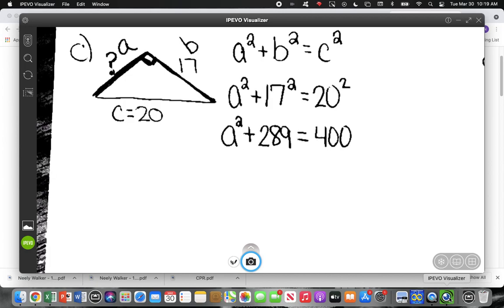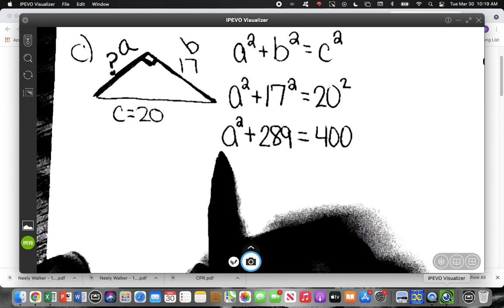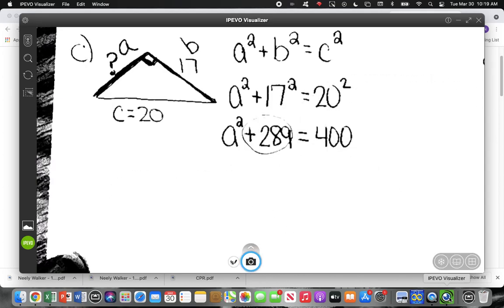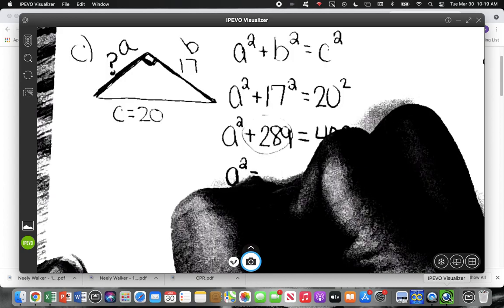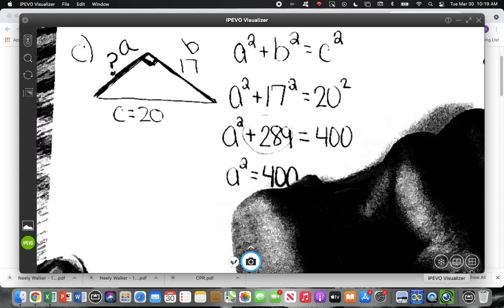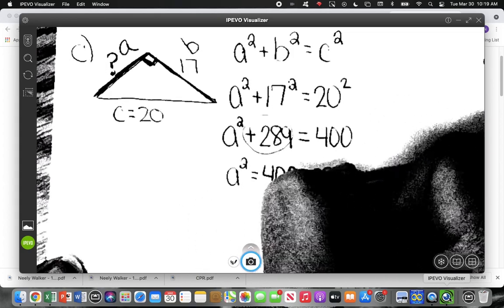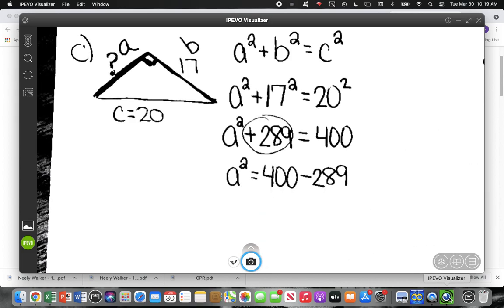All right, still solving these the exact same way. I want to get A by itself, so how do I move this plus 289? Move it to the right and it becomes a negative, or a minus 289. You have calculators. Let's keep working.